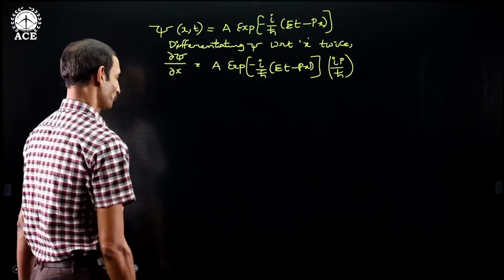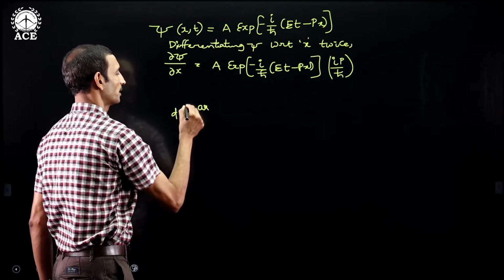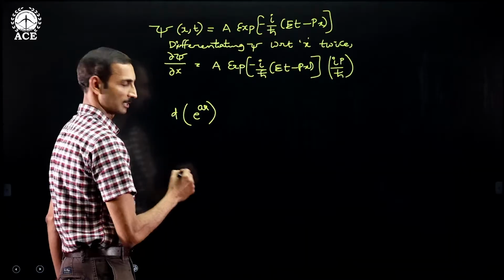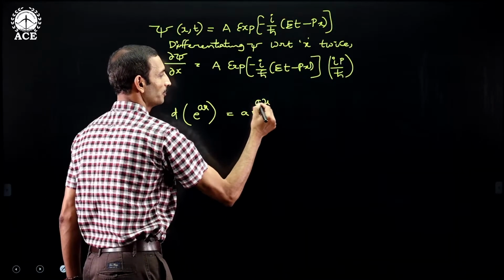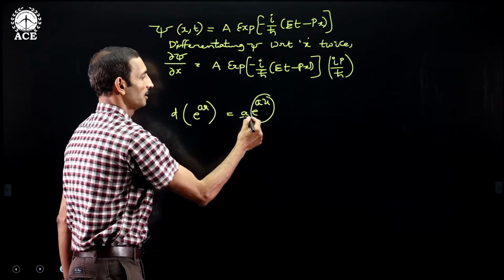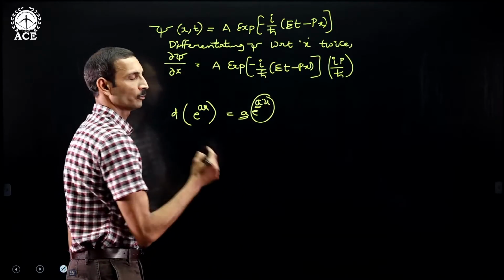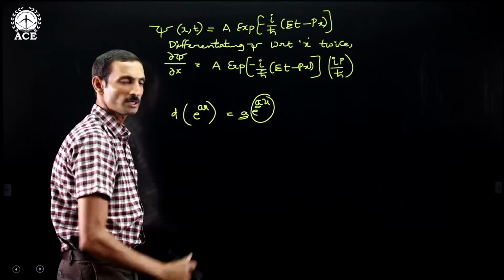How? We know, suppose if you have e power ax, of which you have to get the differential, how do you write it? Yes, a into e power ax. E power ax does not change, that is going to remain as it is, and the coefficient of x is going to come in front.